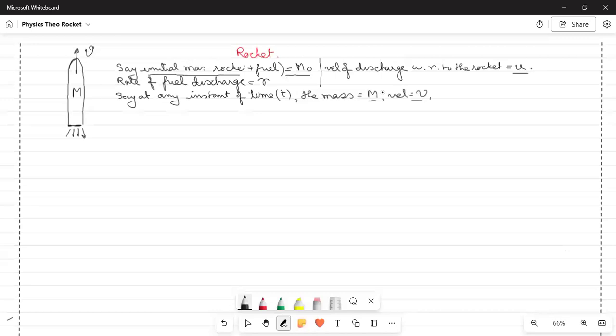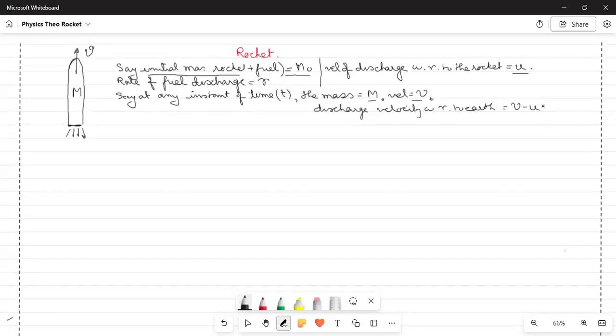So the discharge velocity with respect to the rocket is, of course, v minus u. Right?